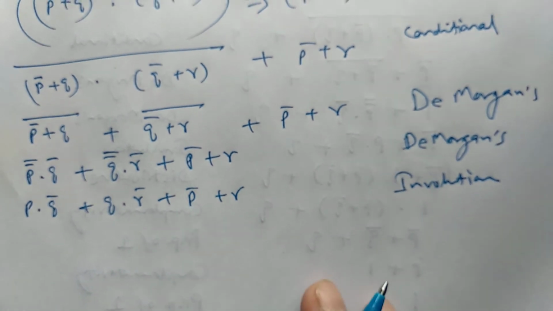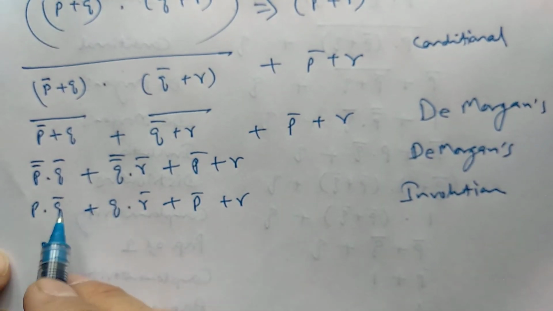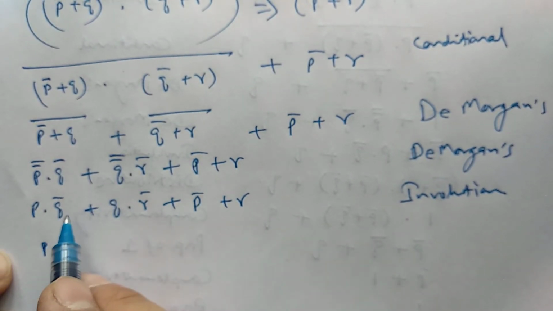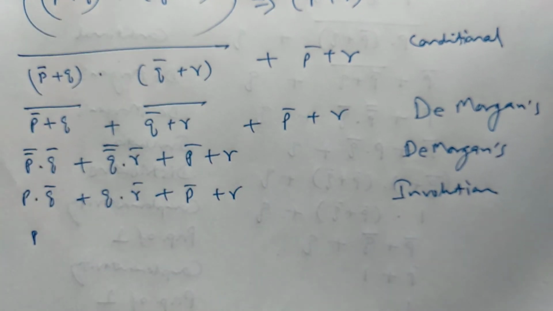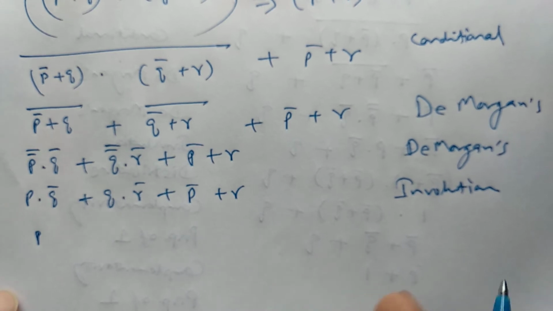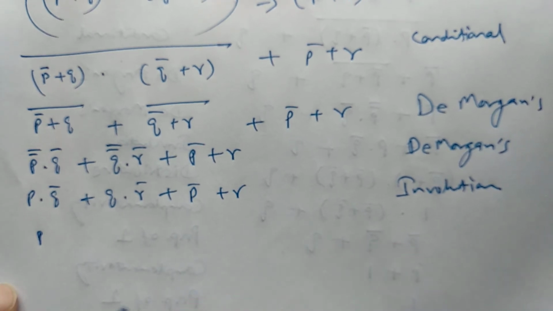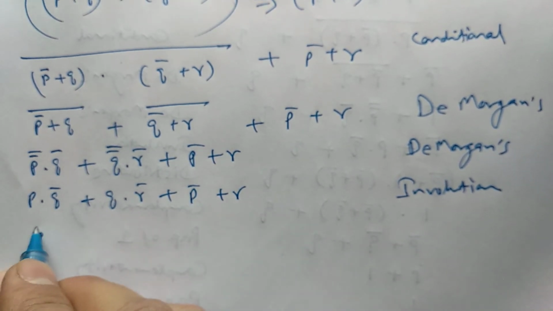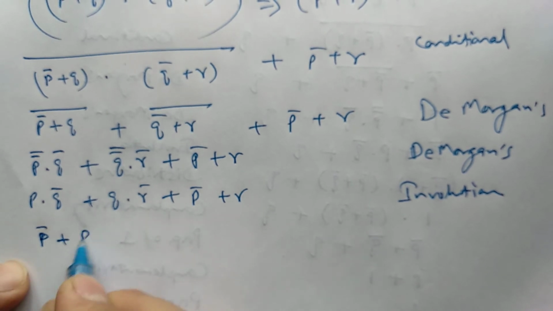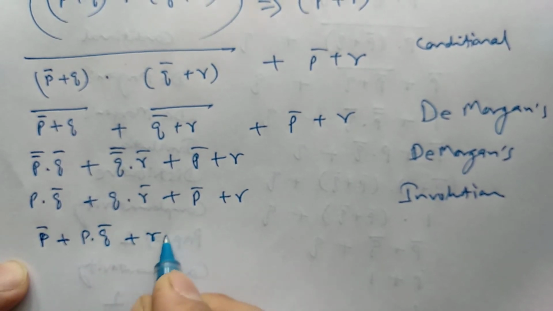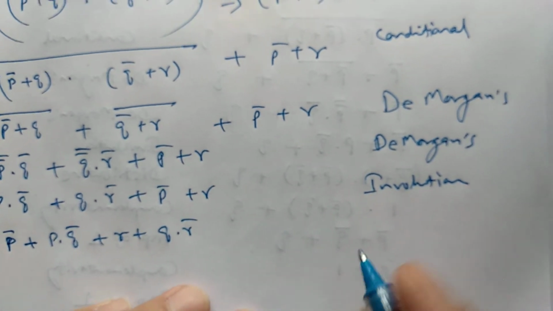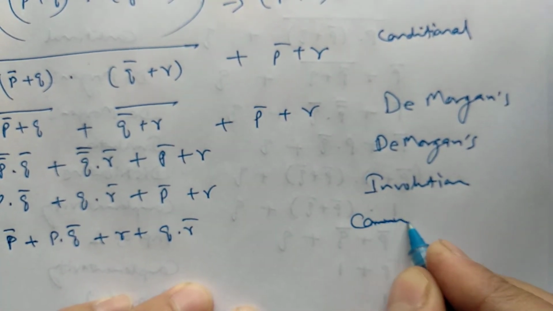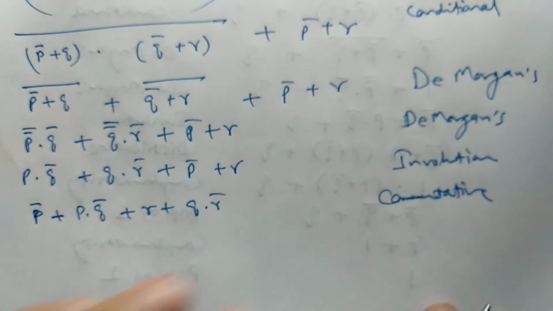So let's put them in a proper order because all these are in OR. It's like A plus B plus C plus D, which can be written in any form: B plus C plus A plus D, or D plus C plus B plus A. So I write P naught here, and P and Q naught, R, Q and R naught. When you change their place, this is the commutative law.